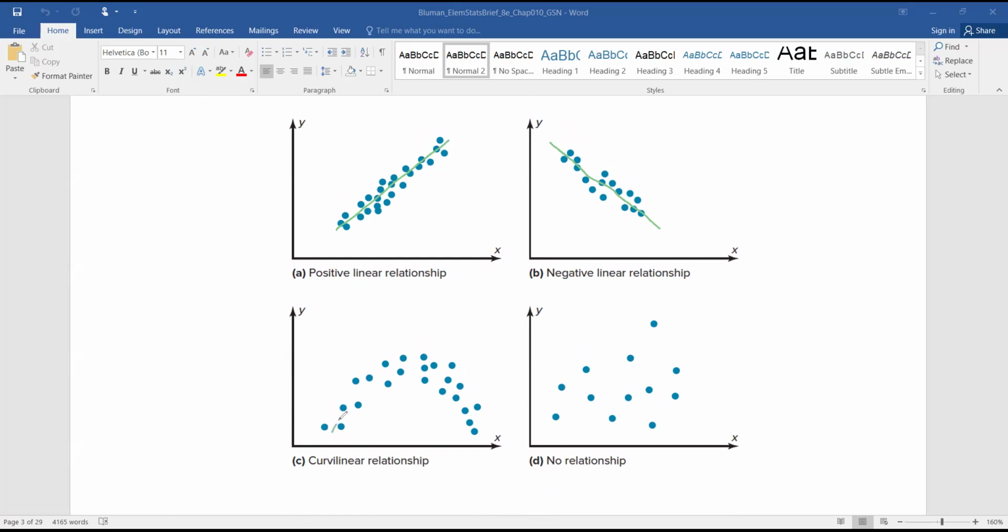On this one, I can draw some type of a parabola. So that would be a curvilinear relationship. And then here, it's so scattered, I can't make a line, I can't make a curve, I can't make anything. So we can indicate that this right here would have no relationship. So those are some graphical views with the definitions that we now have.